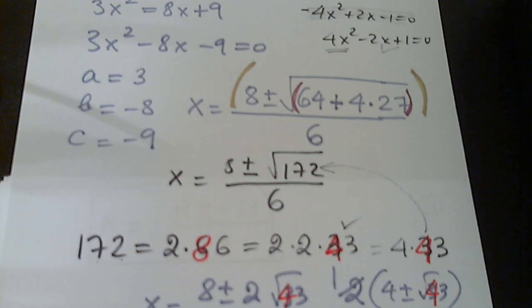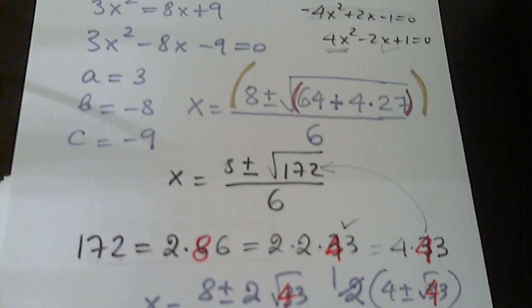My numbers were off. So this was 4. Okay. So I put 66 instead of 86. Sorry about that. So this is again the quadratic formula.